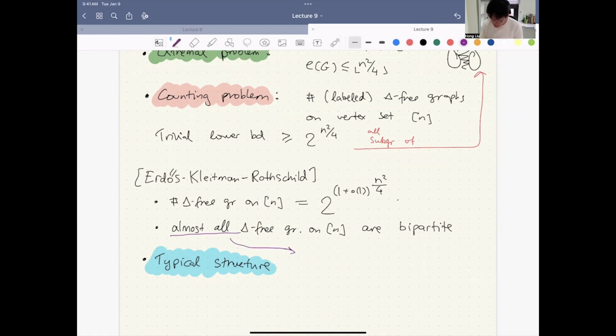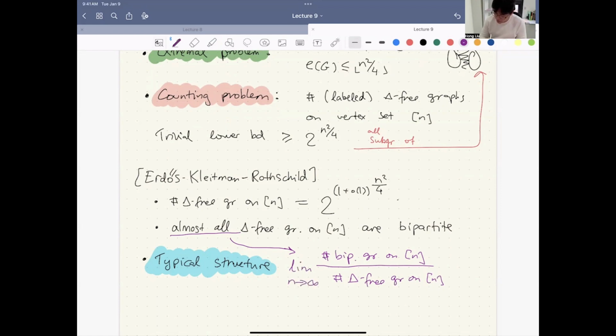What it means is that the number of bipartite graphs on n vertices divided by the number of triangle-free graphs on n vertices, when n goes to infinity, tends to 1. That means among the universe of all labeled triangle-free graphs, when you uniformly randomly pick one, then with probability tending to 1 as n goes to infinity, this triangle-free graph must be bipartite. This is the typical structure.